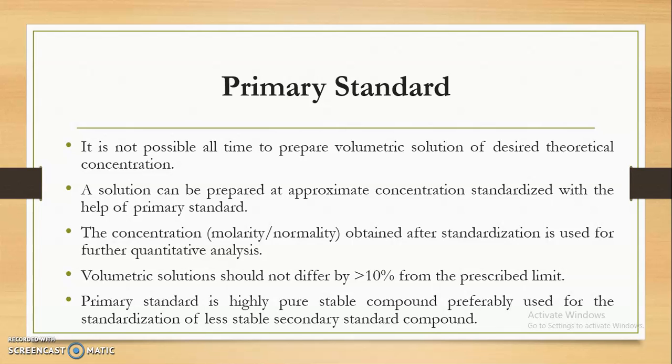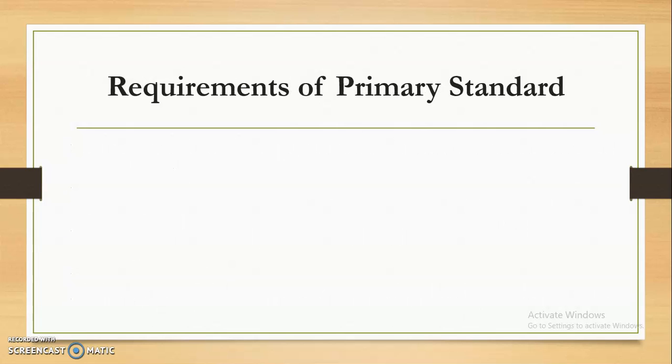It is not possible to prepare a 100% pure substance, but we can prepare the substance in 99.99% purity. So these primary standards generally have a purity of up to 99.99%. These substances are known as the primary standards, which are used for the analysis of different secondary standards.